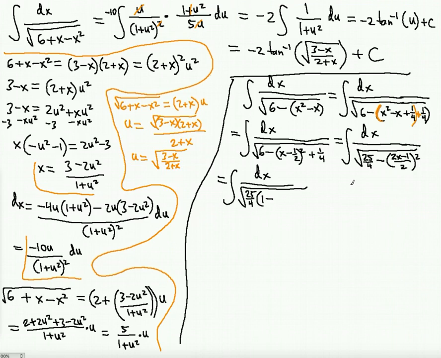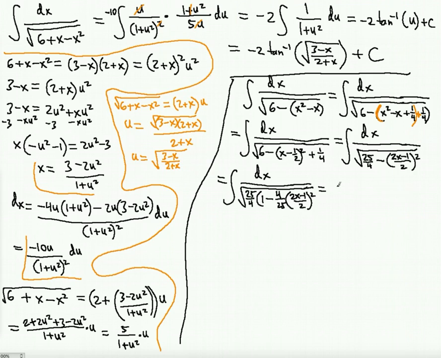How do you make sure that the 25 over 4 applies here, yet it wasn't there before? Well, if you multiply this 25 over 4 by the reciprocal 4 over 25, you will get 1 exactly, and that's what we want. So the reciprocal, 2x minus 1 over 2 squared.